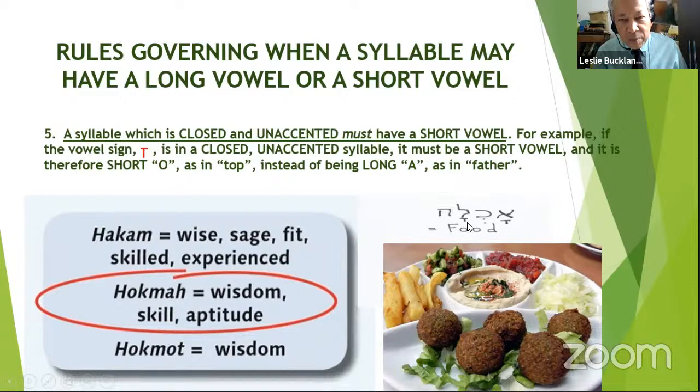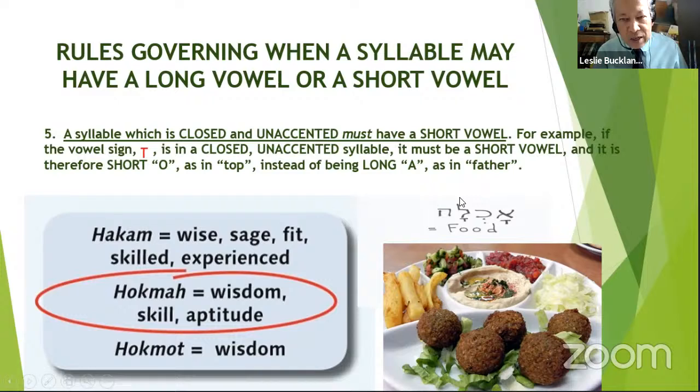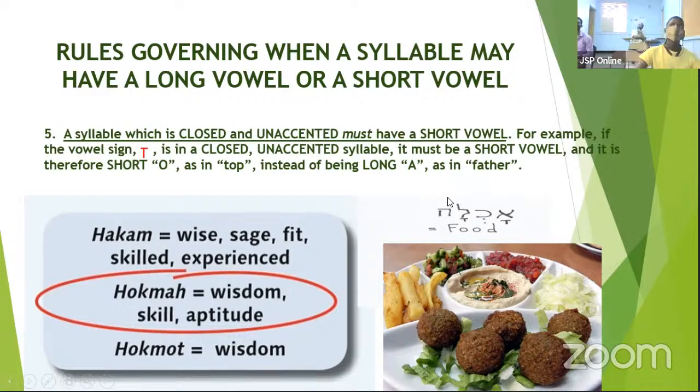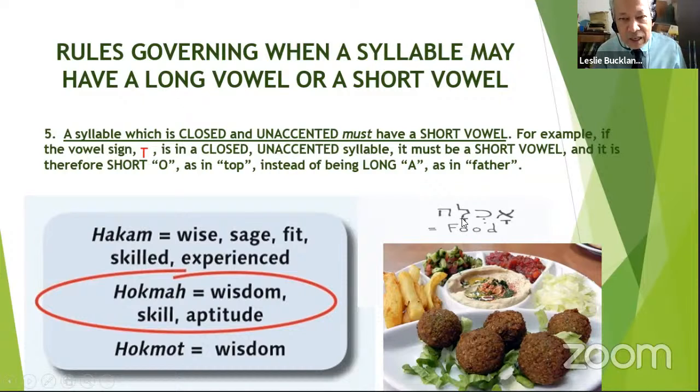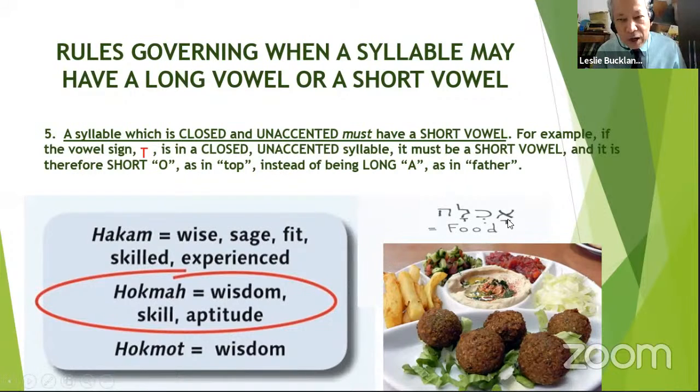So we know it's kames, we know it's long A here, because the rule says that if there is a closed syllable and it is accented, it may take a long vowel. So it is kames here. But why is it not also kames, or A, here in the beginning of the word?